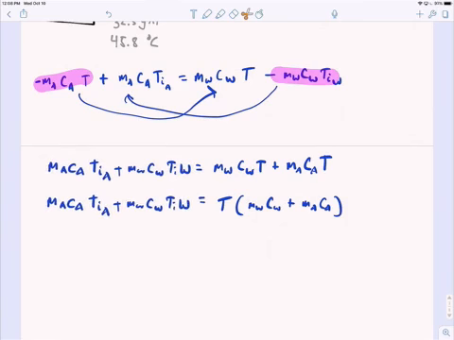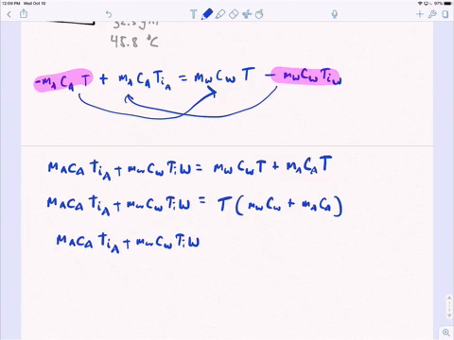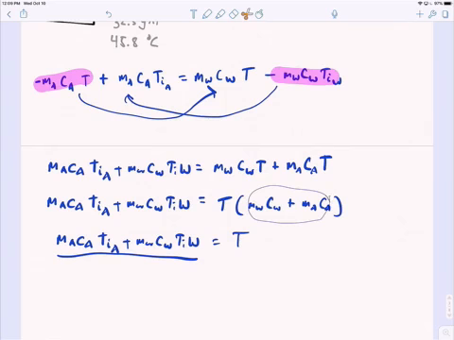That's still there. And now I just have to take this term and divide it by that. So the temperature is that, and then divide by this term.